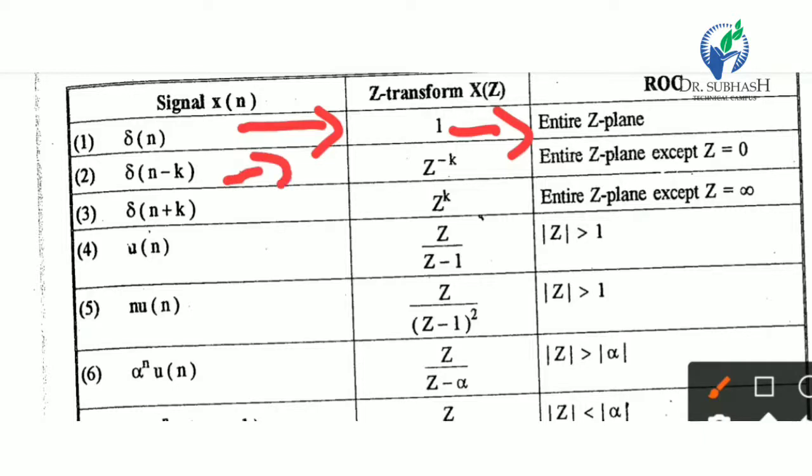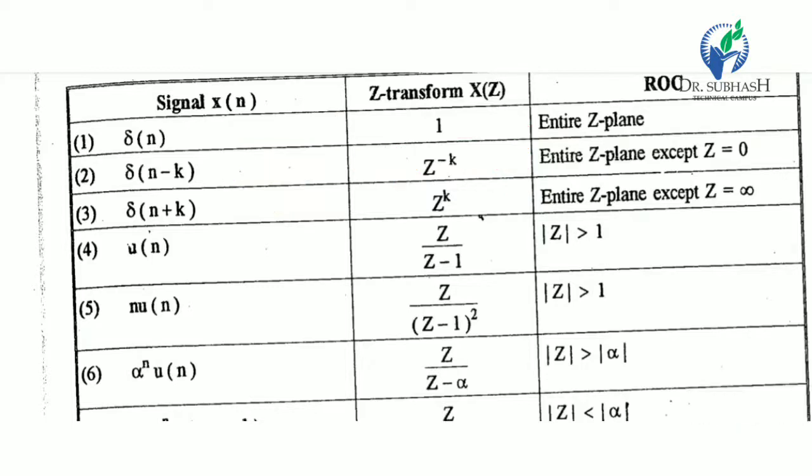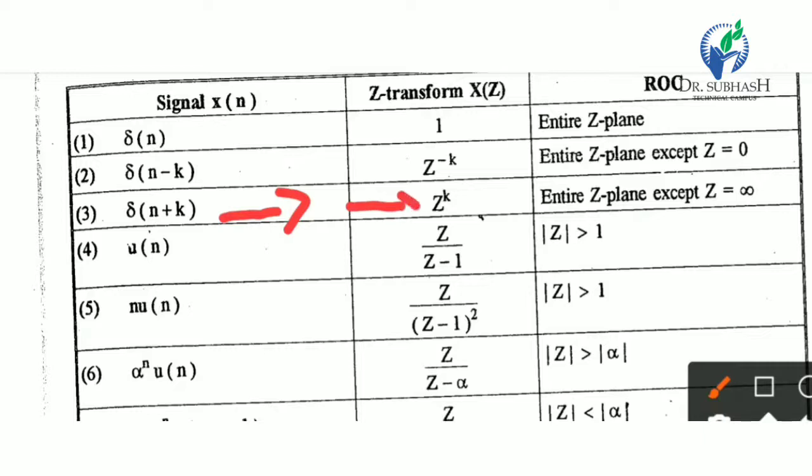For delta n minus k, the Z transform is z raised to minus k and the ROC is the entire z plane except z equal to 0. For delta n plus k, the Z transform is z raised to k and the ROC is the entire z plane except z equal to infinity.